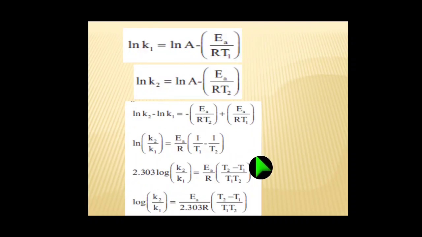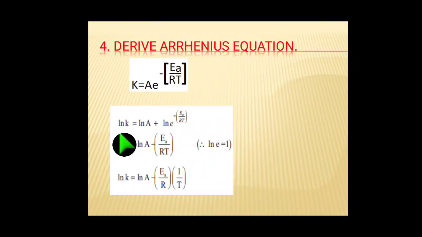After taking the log, ln k = ln A + ln e^(-Ea/RT). We know that ln e = 1, so ln k = ln A - Ea/RT. Now take Ea/R out of the bracket, so we can write it as multiplied by 1/T.